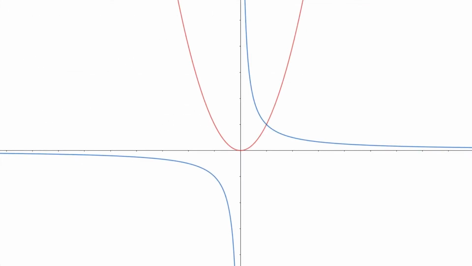Well, it is very easy to see that our two graphs have just one point of intersection. Even if we have not drawn these absolutely perfectly, the general shapes and general positions are correct, so the fact that there is only one point of intersection means that there is only one solution to that equation.